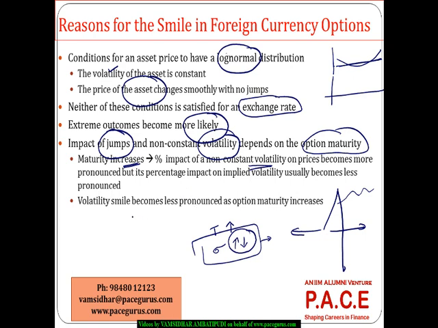So what we could see is as the option's maturity is increasing, the impact of the volatility smile becomes much less pronounced. This is a very important aspect, right? The volatility smile is very much looked at in the case of short term options, whereas when I am looking at more and more long term options, the impact of the volatility smile may not be that heavily seen.